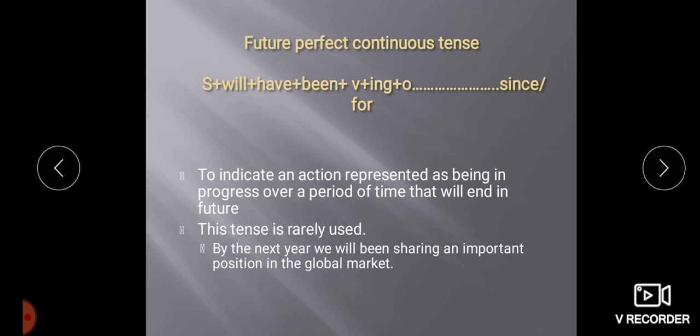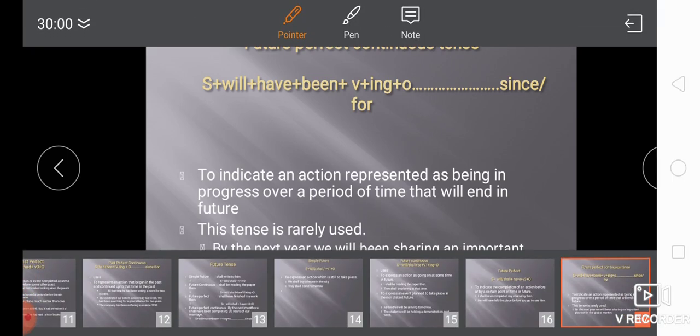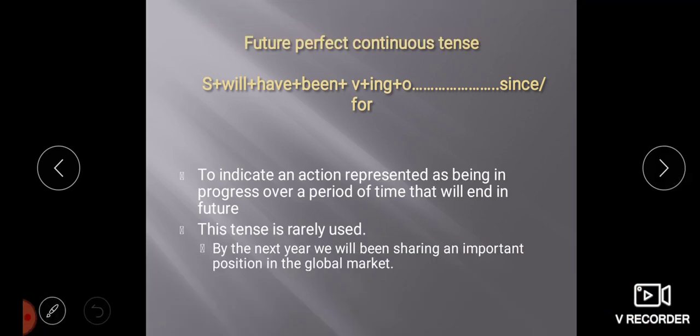By the next year, we will have been sharing an important position in the global market. So, with this, we come to the end of tenses.